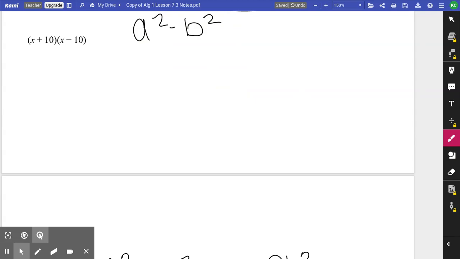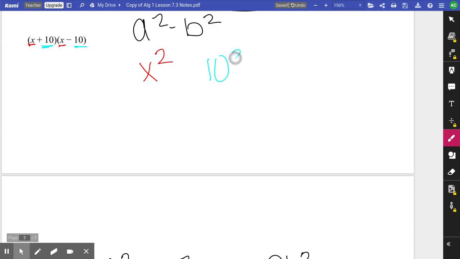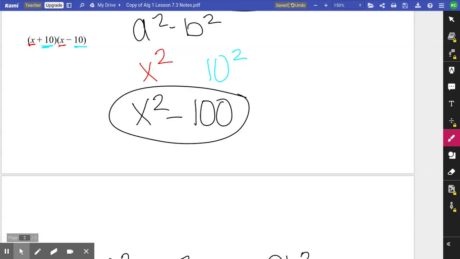Okay, so we're going to do this last equation real quick. We're going to take our a's. Our a's are our x's. So we're going to say x squared. And then we're going to have our b's, which are our 10s. And we're going to say 10 squared. So if I write this out in a standard form, I'm going to end up with x squared minus 100.